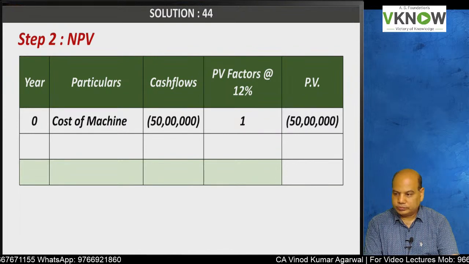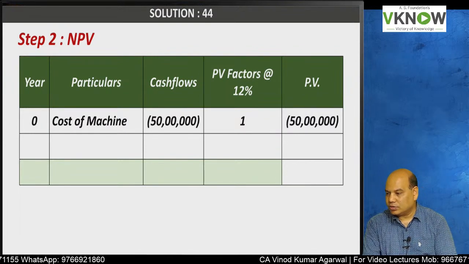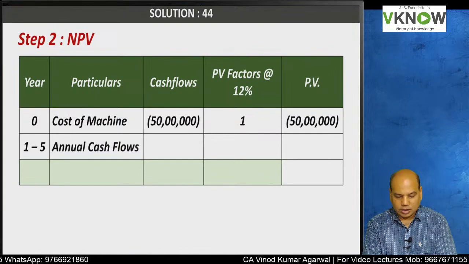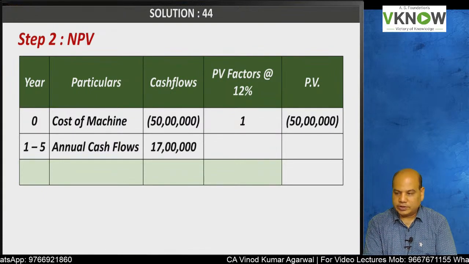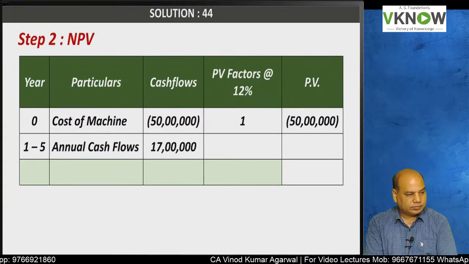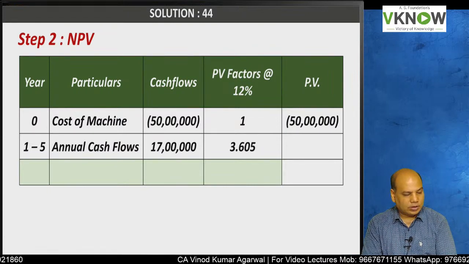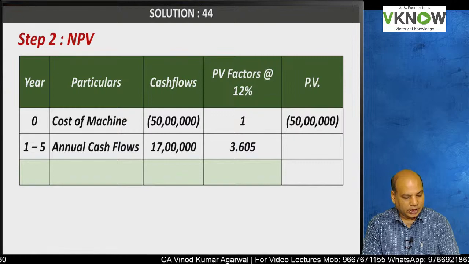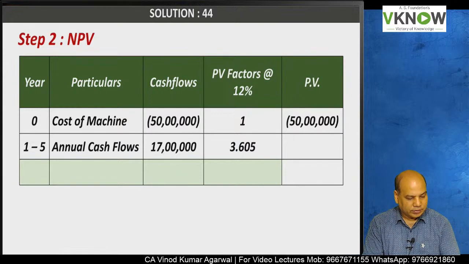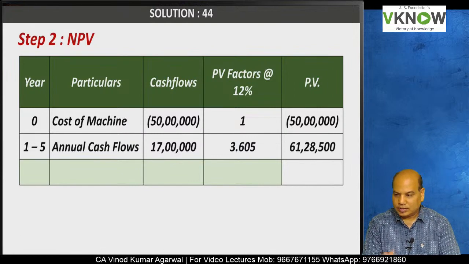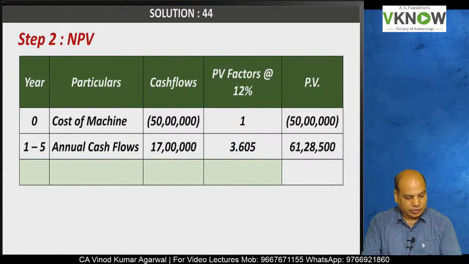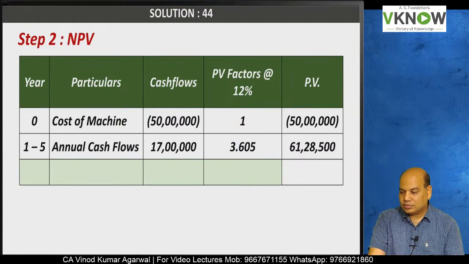Cash flow: 50 lakh cost of machine, annual cash inflow 17 lakh. Write the factors at 12%, that is 3.605. Multiply, please. 61,28,500.